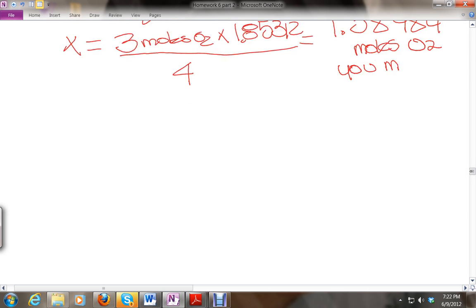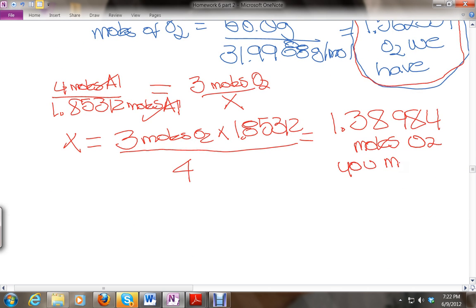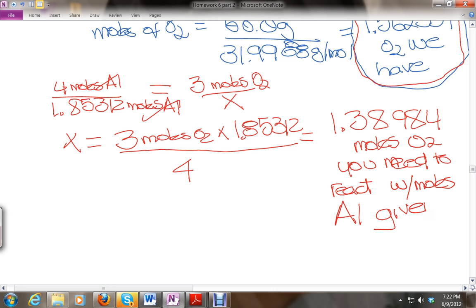You need to react with the amount of aluminum, with the moles of Al given. Do you see? Because that's the only way of doing it.